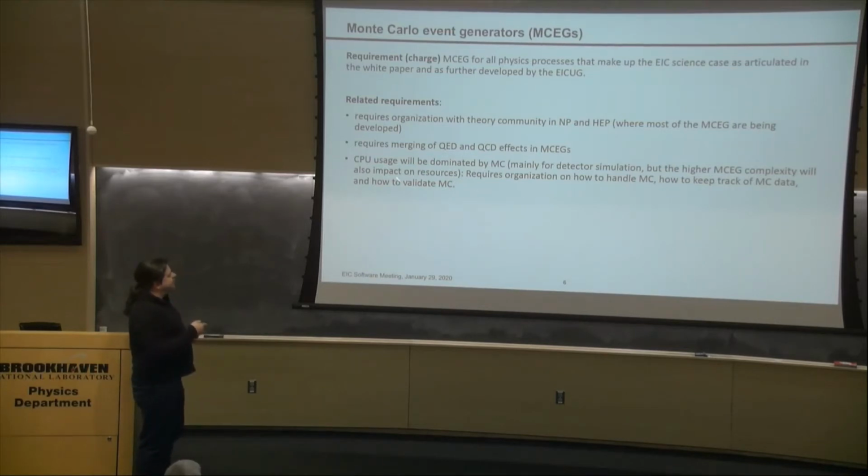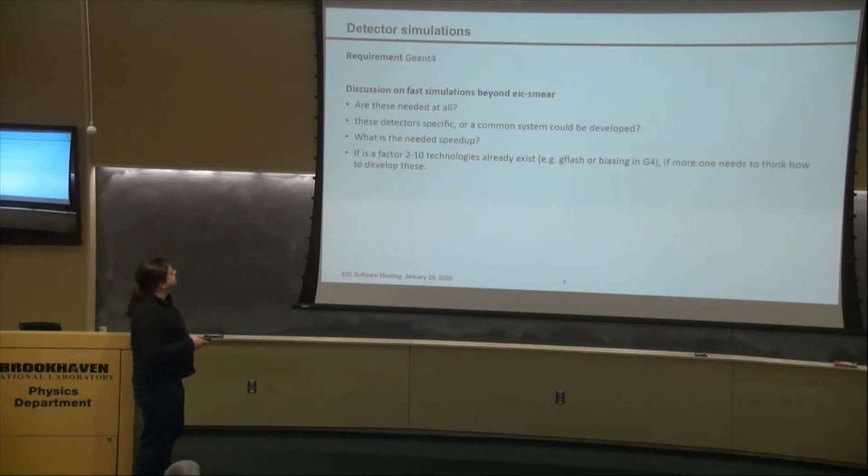And this further implies that it requires an organization for how to handle the Monte Carlo, how to keep track of Monte Carlo data, and also how to validate the Monte Carlo. If you have any other requirements which you see related to Monte Carlo, immediately jump into the discussion or send us an email later, and we would like to fill this into our requirement document.